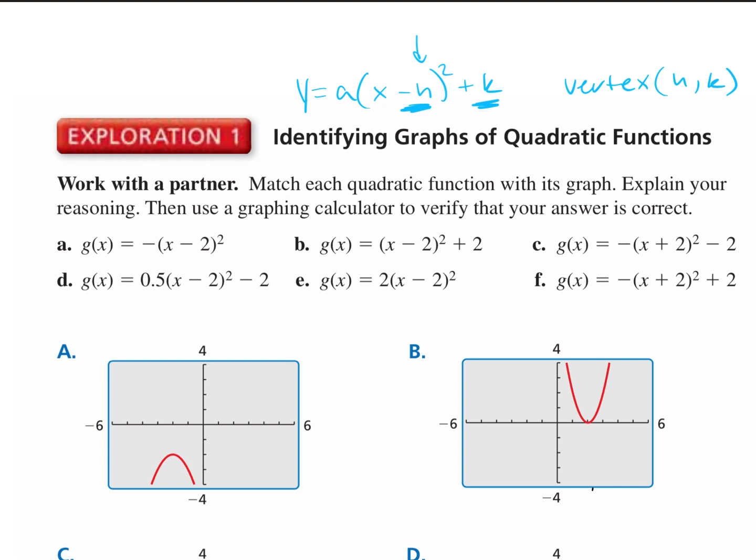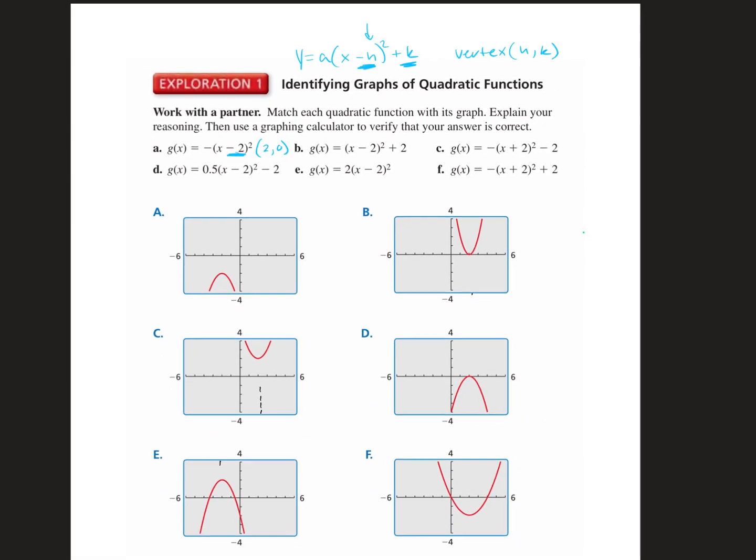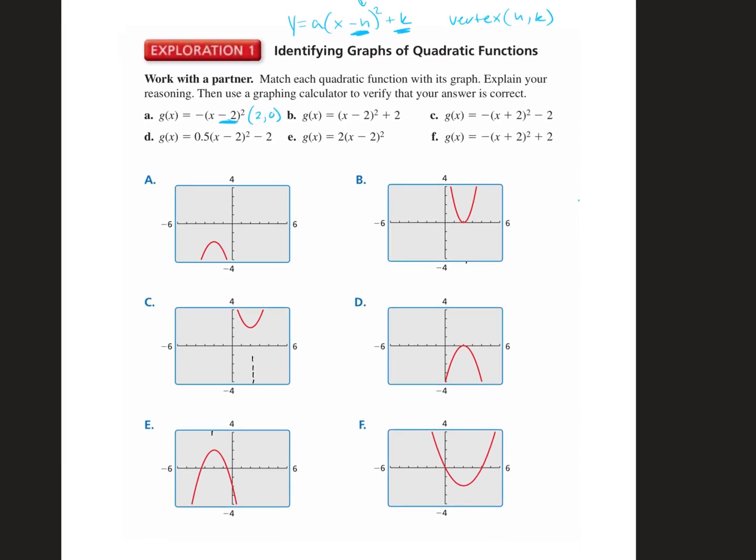So our vertex for A would be (2, 0), because we're adding negative 2 on the inside. We change the sign, it becomes positive 2. We're not adding anything on the outside, so that's where that 0 comes from. I'm going to look at all of my graphs and see which one goes to the right 2 and stays on 0.